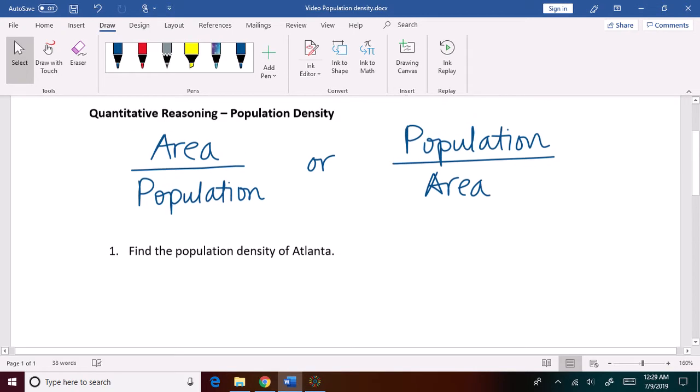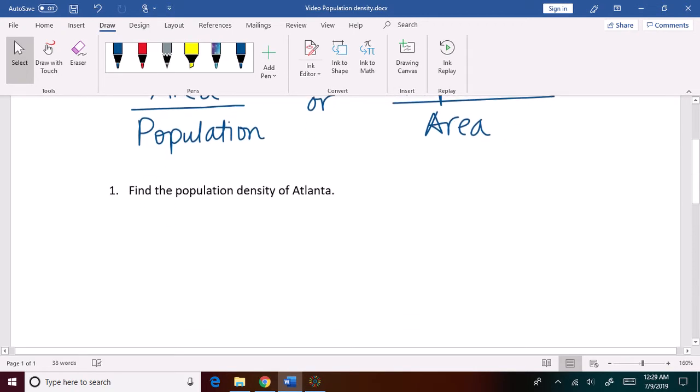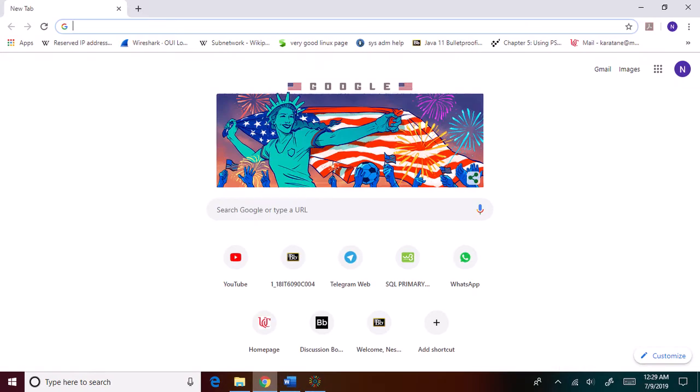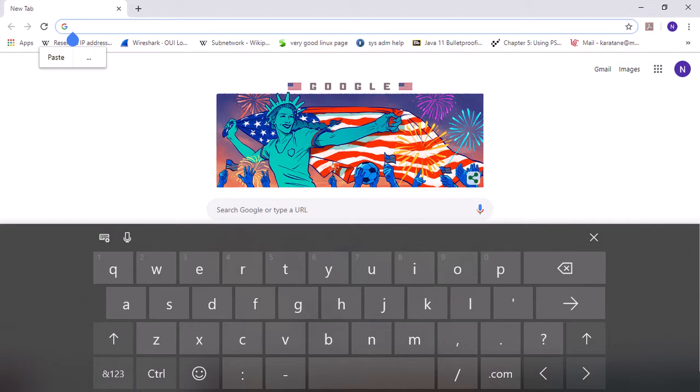So it says find the population density of Atlanta. We have actually two options. The first thing is you can use Wolfram Alpha. You simply do a Google search. I go to the website and write Wolfram Alpha.